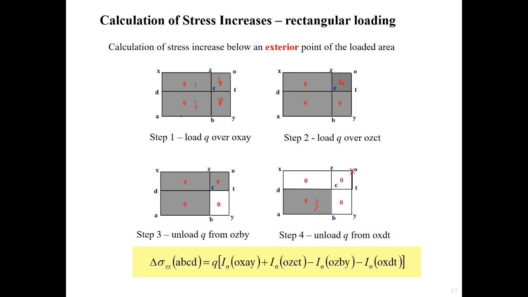So you have to form a shape so that O becomes a corner of the rectangle loading. That's why I formed shape 1, 2, 3, 4, right? Now I will get a value, the stress increase for this shape. Later on, because I take 1, 2, 4, but actually that doesn't exist.